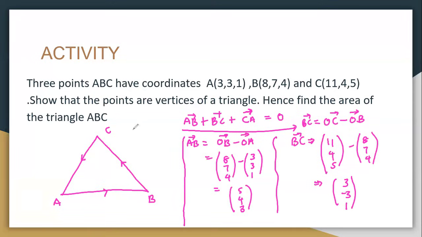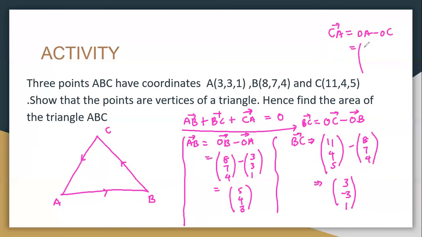Then I went ahead. Let me ask Christopher, are you picking something? Christopher, first tell me what is CA? How do you get CA? That is OA minus OC. Continue. What is your OA?